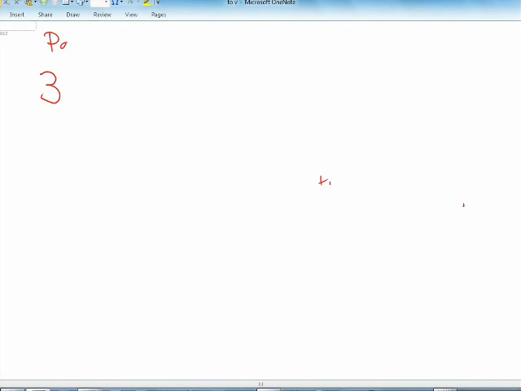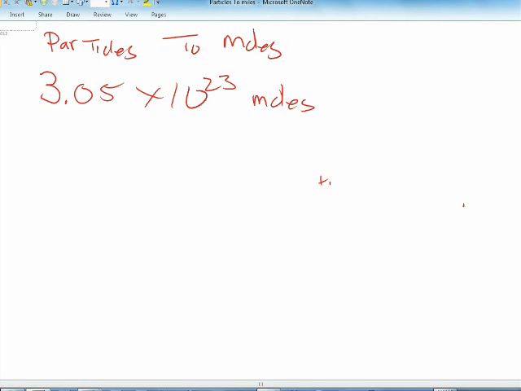So we're doing particles to moles. Let's say we have 3.05 times 10 to the 23rd atoms of, how about neon this time? And how many moles of neon?